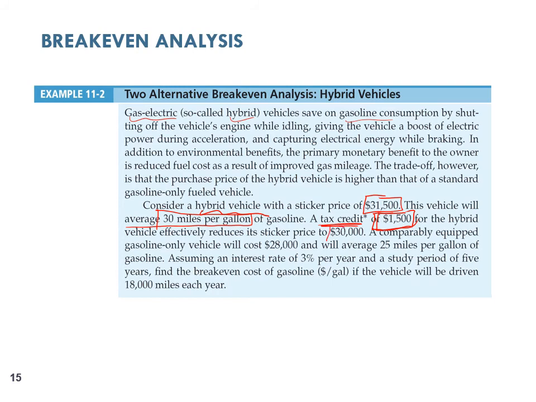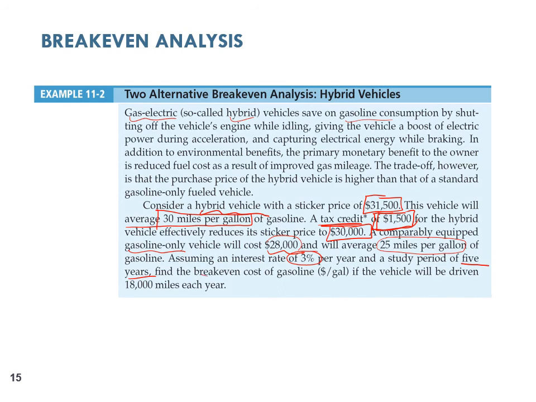Then the total price that you are going to pay is 30,000. There is another gasoline-only vehicle which is $28,000, and it can travel 25 miles per gallon of gasoline. The interest rate is 3% per year, and the study period is 5 years.